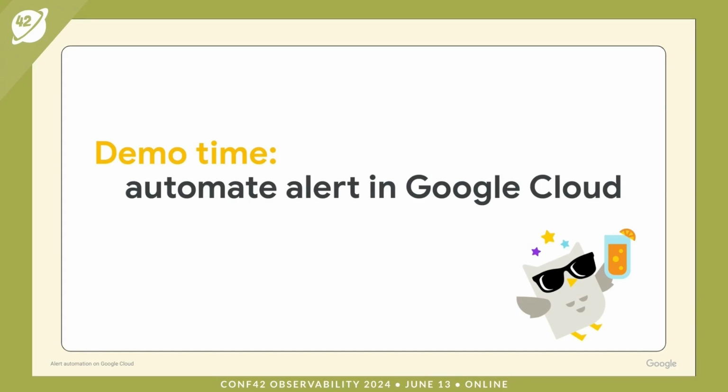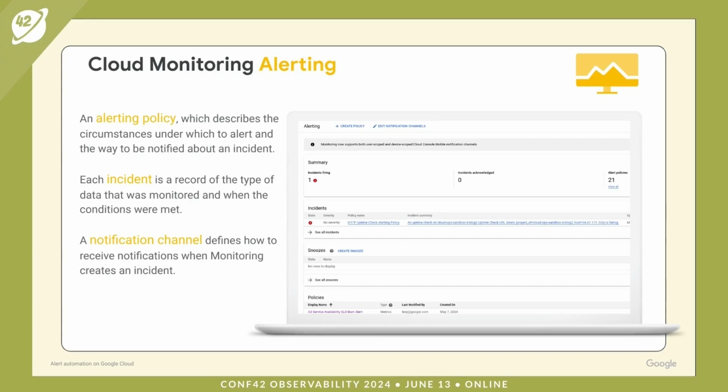Now it is time to demonstrate how actionable alerts help with automation of the responses. To those of you who are not familiar with Google Cloud, don't worry. Most cloud providers have alerting solutions that let you automate responses. The alerting solution in Google Cloud is part of the Cloud Monitoring service.